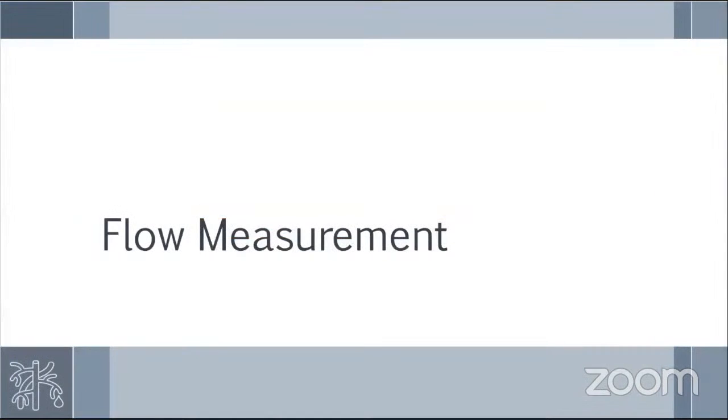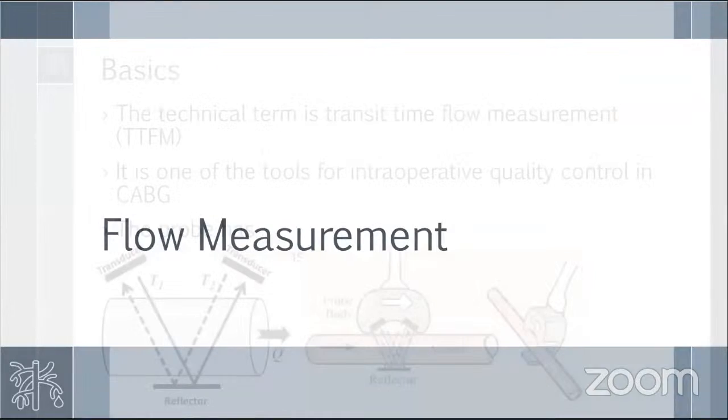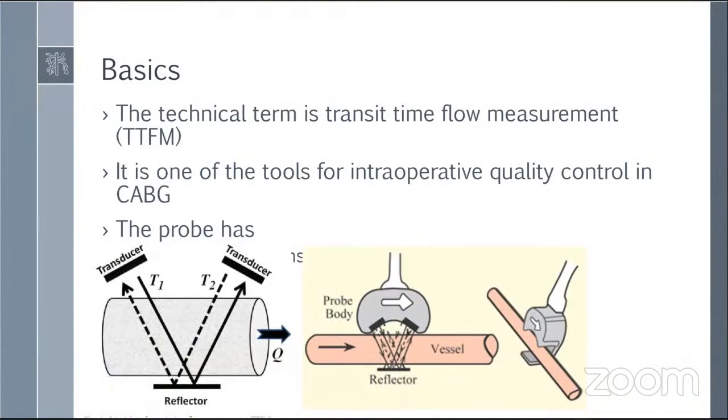One other important point is the flow measurement of the graft flow intraoperatively. So the flow meter, what we see in CABG used commonly, has the technical term of this technology: transit time flow measurement.